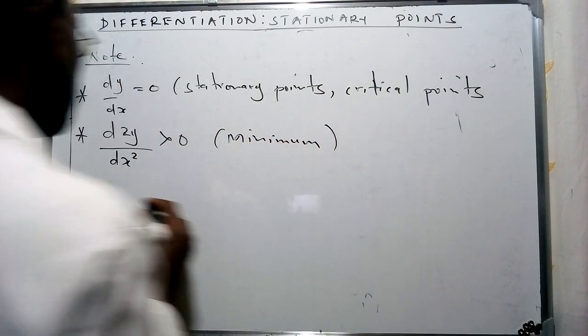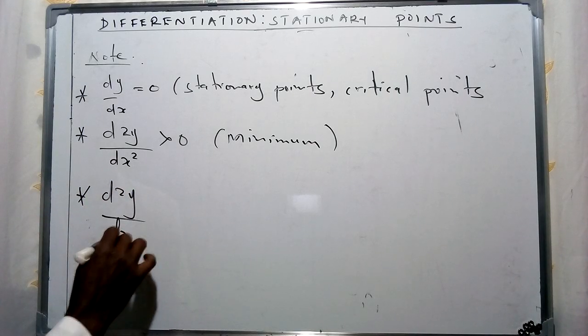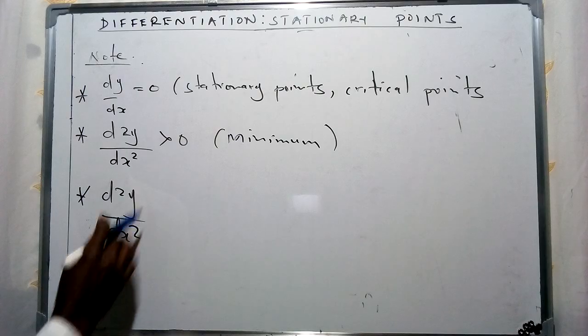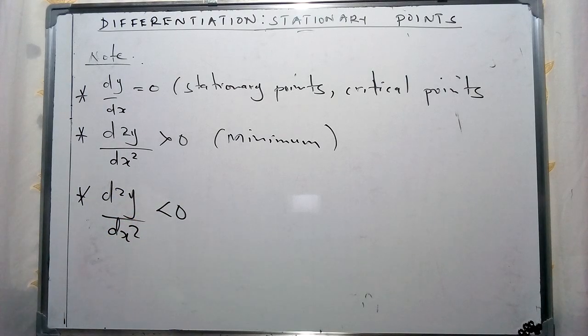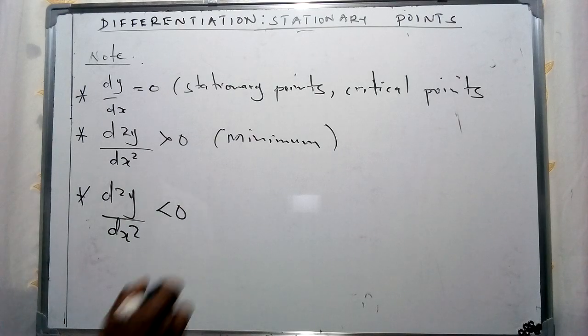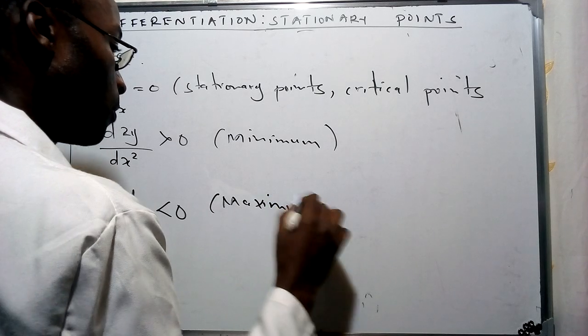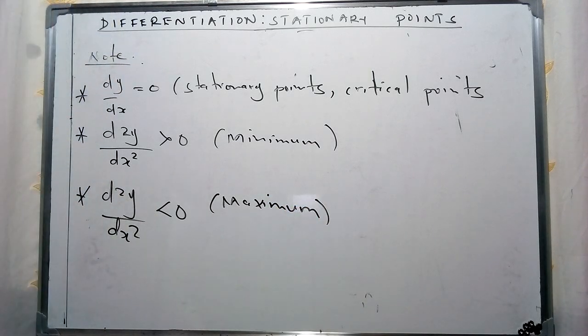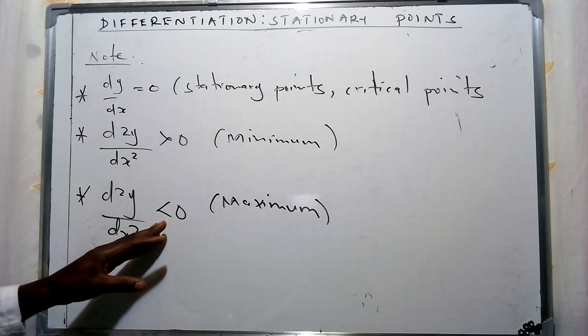And if the second differential, d²y over dx², is smaller than 0, this is going to take the form of what we refer to as the maximum. And these are some of the ways in which we differentiate between these critical points, the maximum and the minimum.